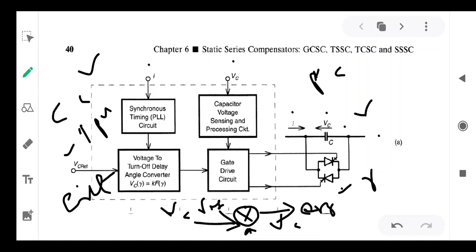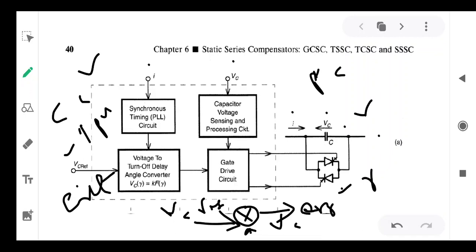The relation between VC and gamma is there: I by omega C into 1 minus 2 gamma by pi minus sine 2 gamma by pi. Anyhow, you may once again refer to that expression, from which you will obtain the gamma value.